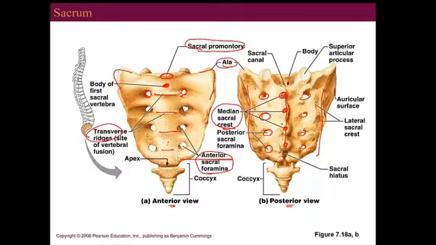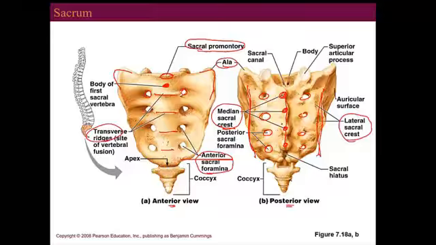But they're fused, so the only thing you will see is a crest located at the posterior part in the median location of the sacrum. The one to the side is also sharp, and we call it the lateral sacral crest. Remember, this used to be the transverse processes of the vertebrae. So that's what they look like. The posterior view is a little bit sharper compared to the anterior view. They're smoother on the anterior view.